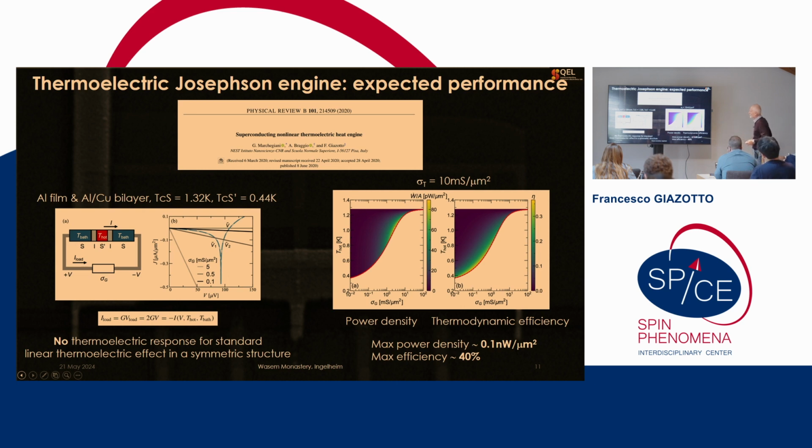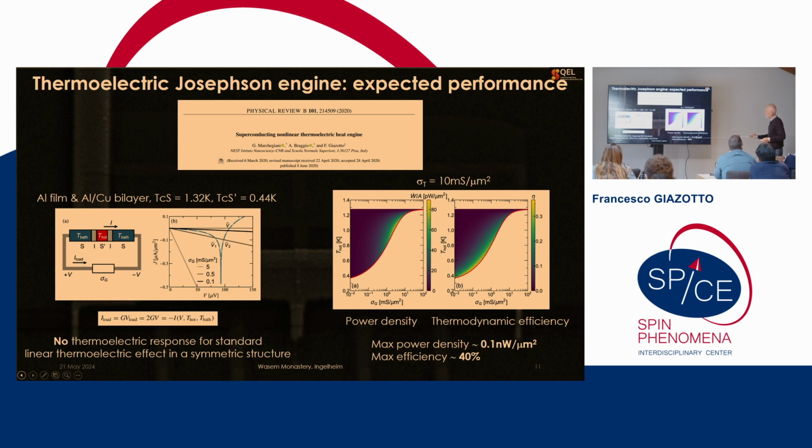And what is interesting is that the maximum power density for a typical 100 ohm micron square tunnel junction resistance, which is quite widespread technology for niobium or aluminum junctions, you can achieve a maximum power density of the order of 0.1 nanowatt per micron square. So this is a huge power.